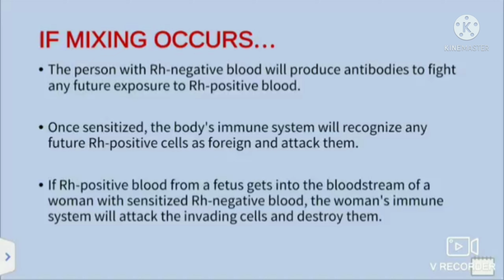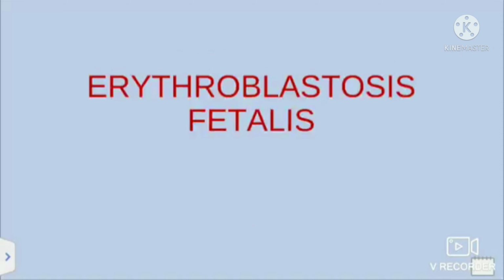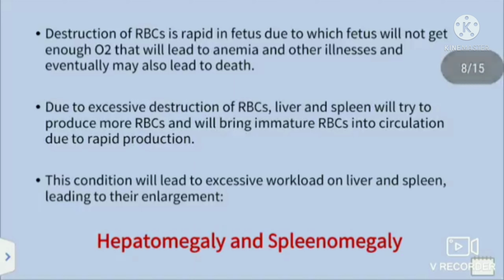And if the RH positive blood from the fetus gets into the bloodstream of the woman with sensitized RH negative blood, the woman's immune system will attack the invading cells and destroy them. This condition is known as erythroblastosis fetalis. Destruction of RBCs is rapid in the fetus, due to which the fetus will not get enough oxygen, and this will lead to anemia and other illnesses and eventually may lead to death.